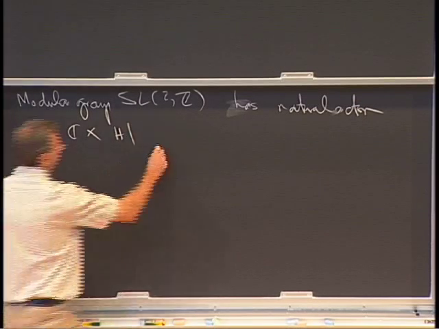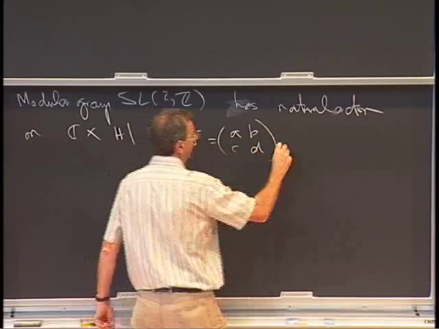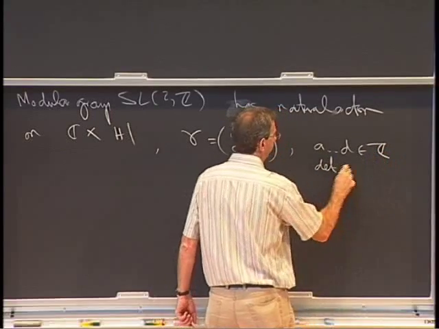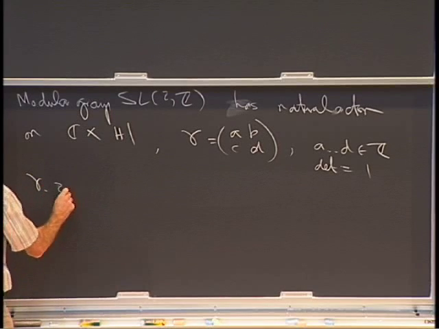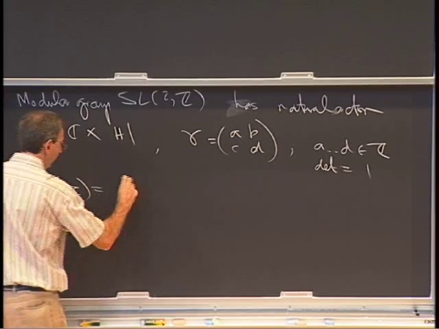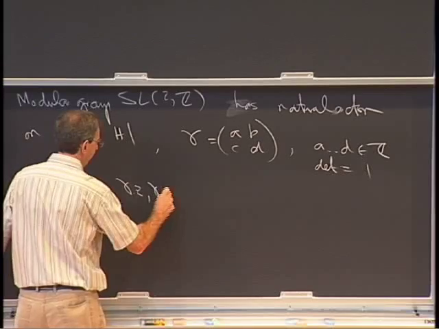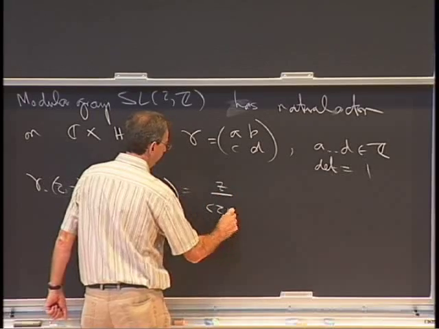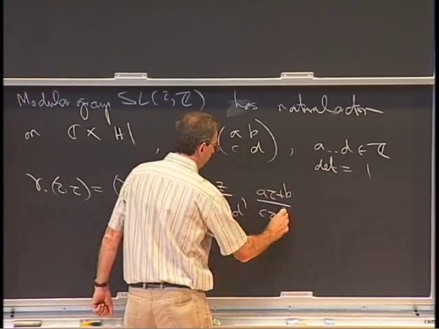If I take gamma equal to the matrix with entries a, b, c, d, we saw this written down several times yesterday. A, b, c, d are integers, of course, and the determinant is equal to 1. Then we have the following natural action, where gamma of z, tau is gamma z, gamma tau, which is z over c tau plus d, into a tau plus b over c tau plus d.